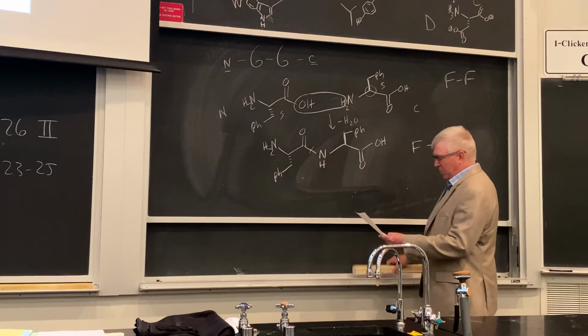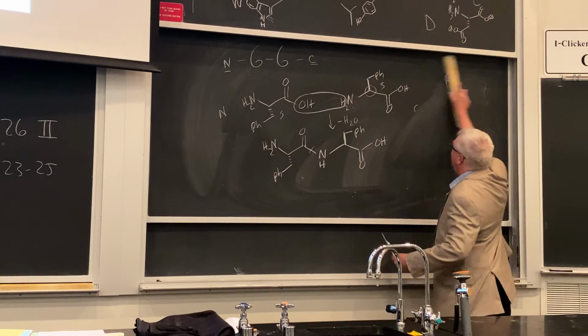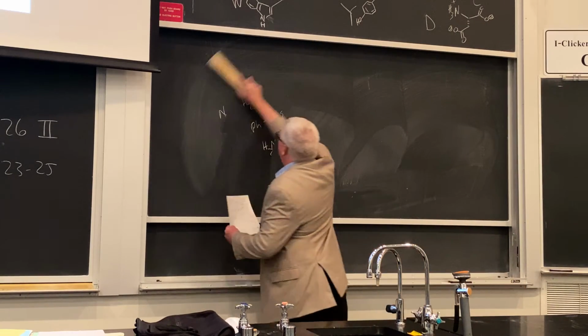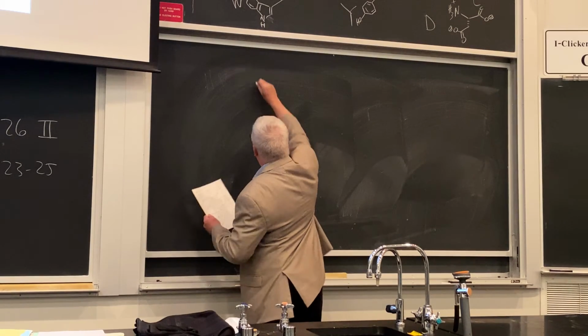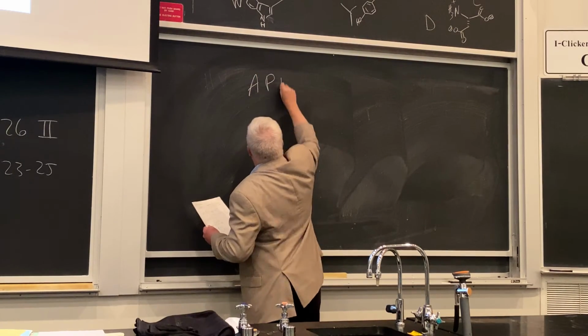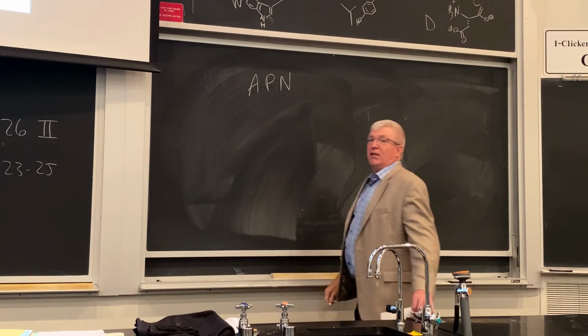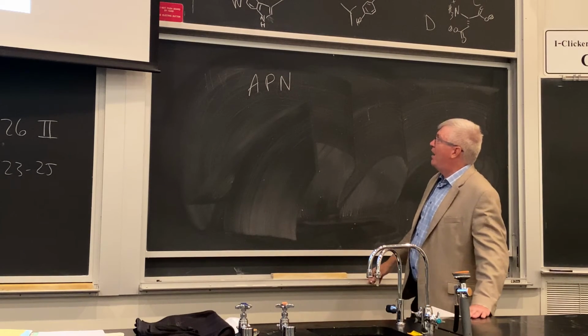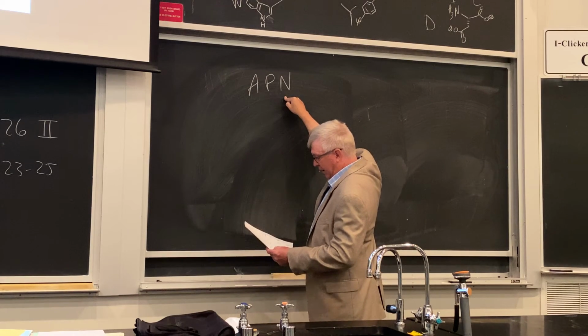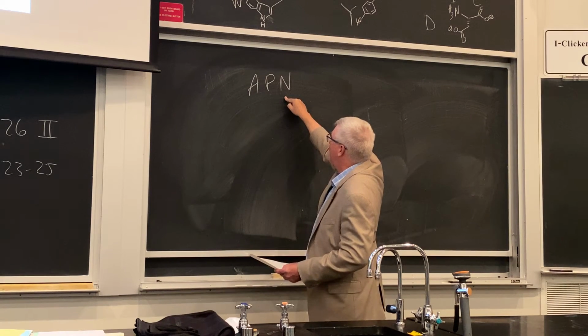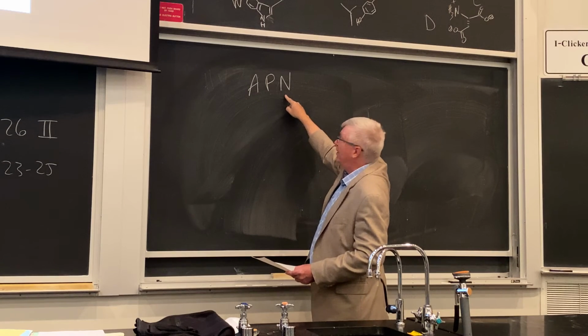All right, let's do a more complicated one. How about this? Let's do A, P, N. What amino acids are we talking about? Alanine, proline, and what's this one right here? Asparagine, and that's the amide side chain group.